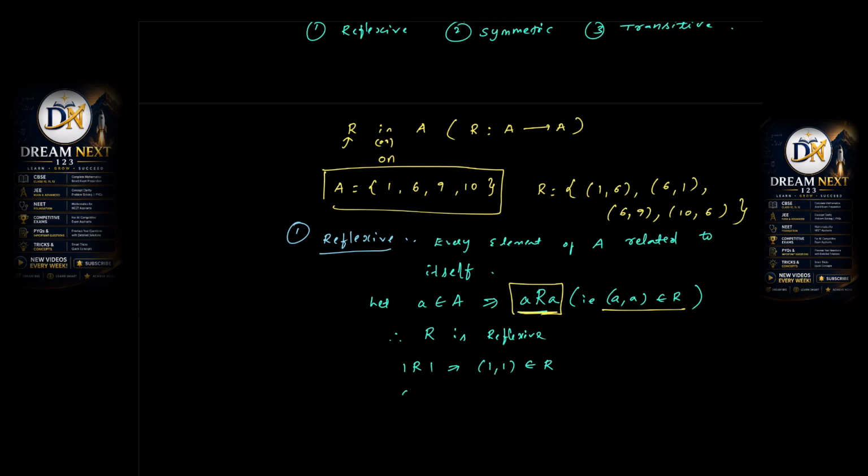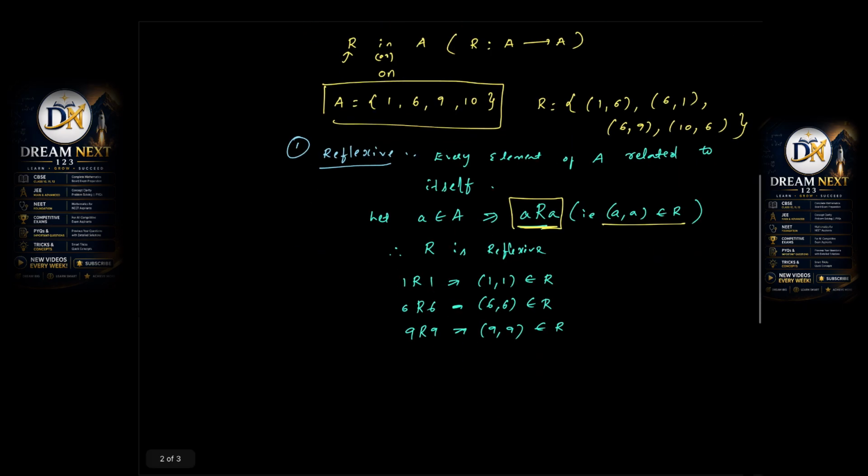And 6 is related to 6, that is (6, 6), which should be present in the relation. 9 is related to 9, that is (9, 9), which should belong to relation R. Finally, 10 is related to 10, that means (10, 10) should also be present in the relation.